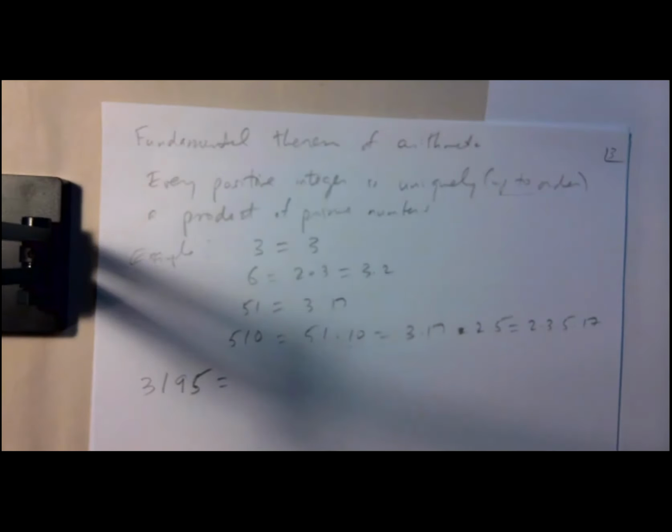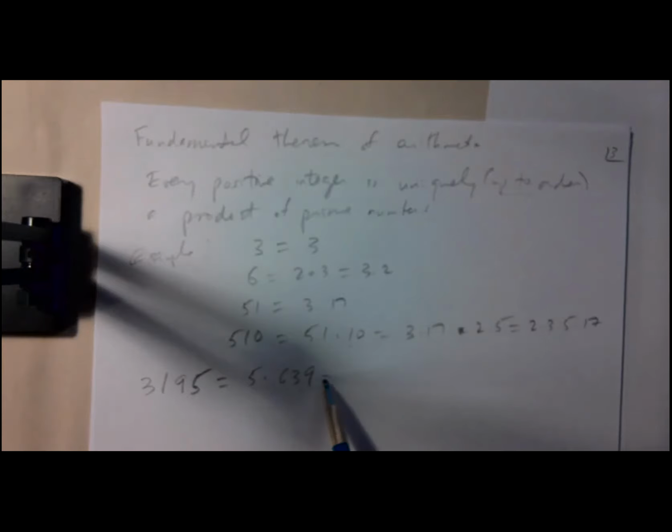Professor, it is 3 squared times 5 times 71. Let's see. Well, certainly it's divisible by 5. Let me just do it step by step. If you divide 5 into that, you get 639. And I can see this is divisible by 3. This is 3 times 213.